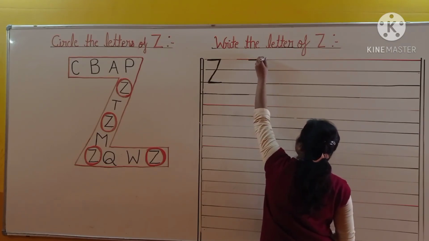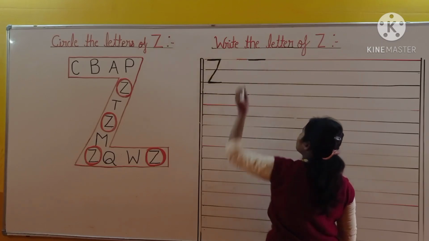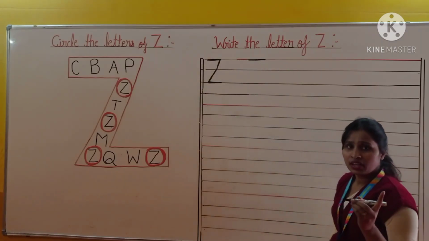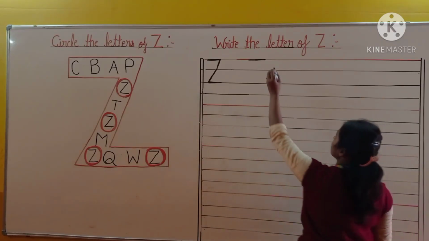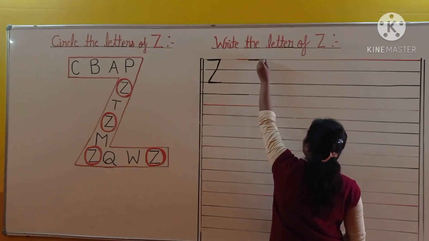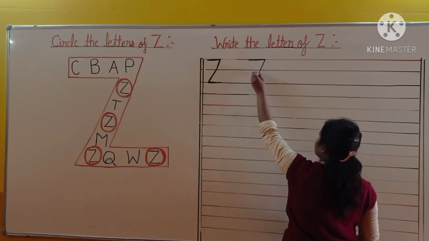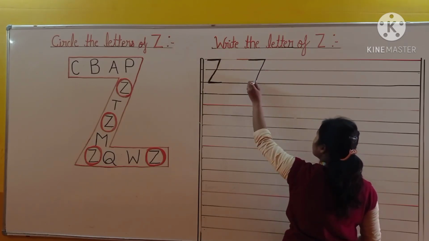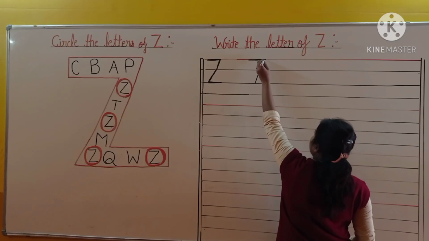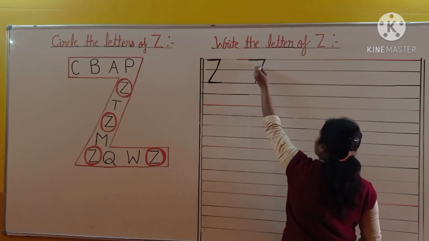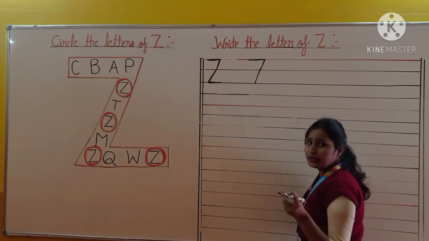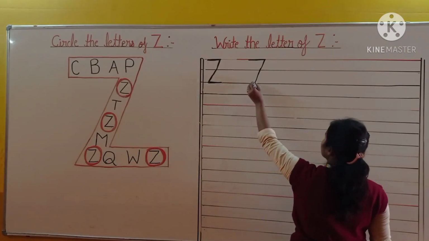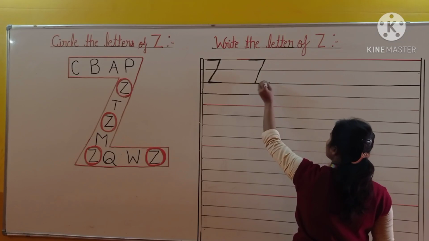After that, draw a slanting line down. After that, draw a sleeping line.